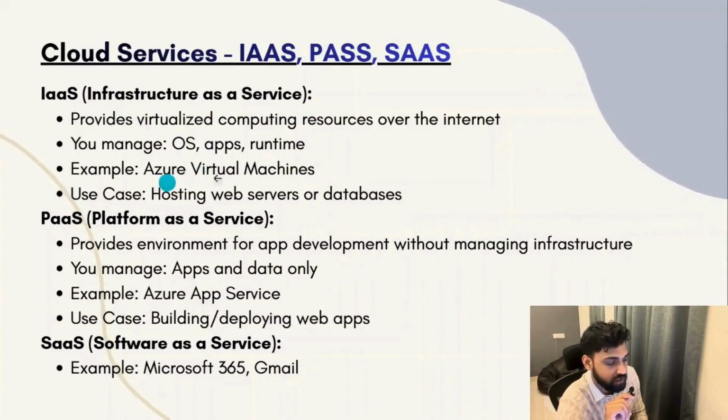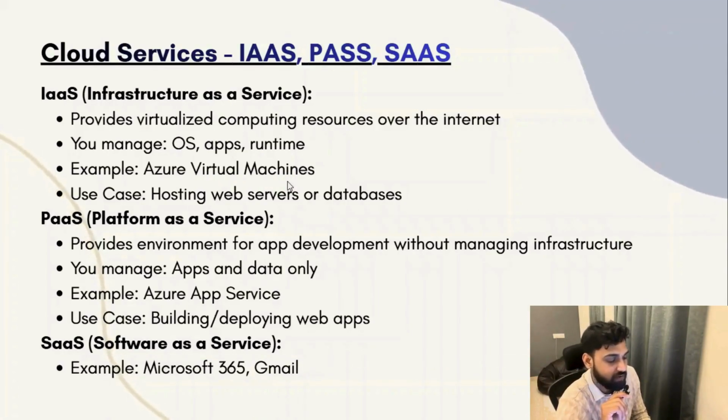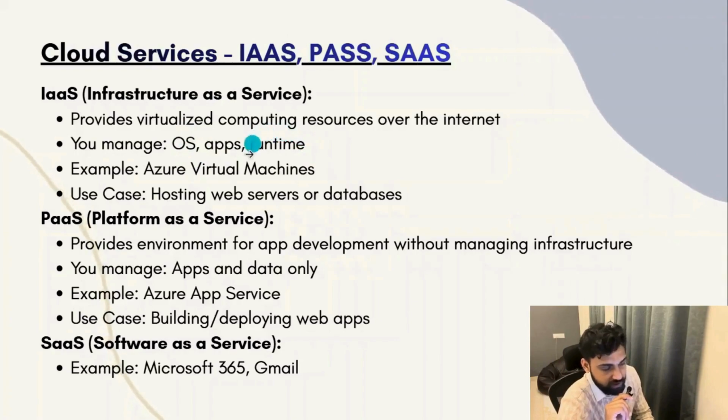When we are creating the virtual machine, we have to decide what kind of virtual machine we need, whether a Windows virtual machine or a Linux virtual machine. Whenever we select the operating system or any runtime, that service comes under infrastructure as a service. That's the main point: by the keywords operating system and runtime, you can focus on infrastructure as a service.